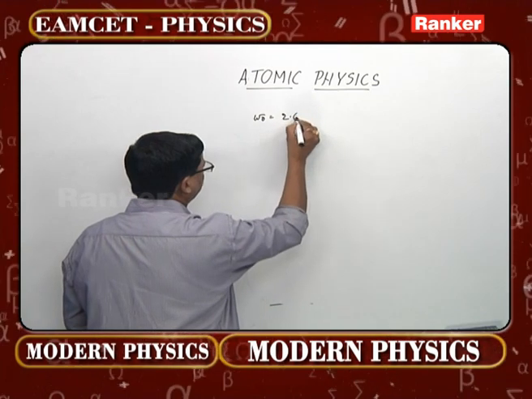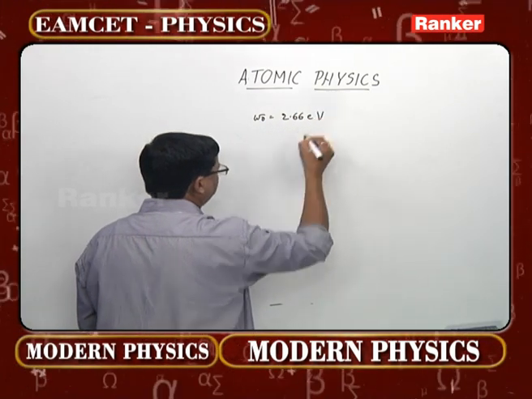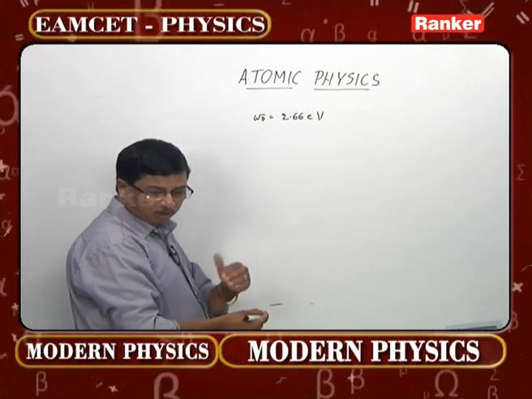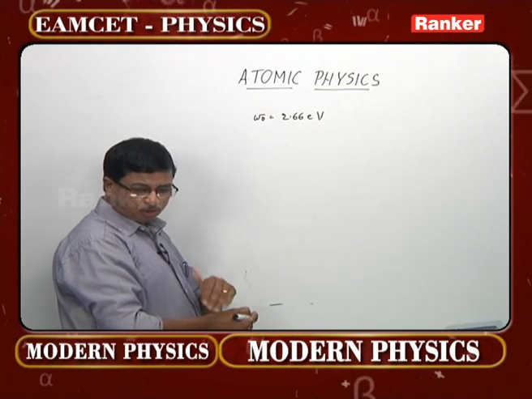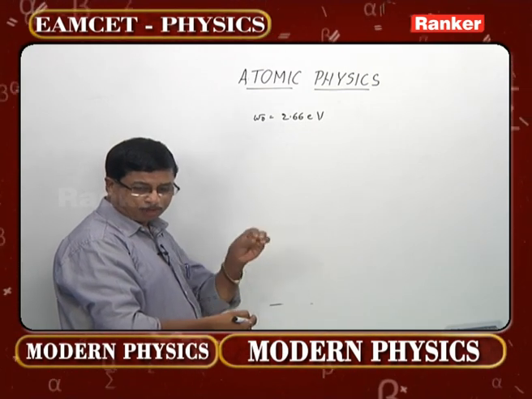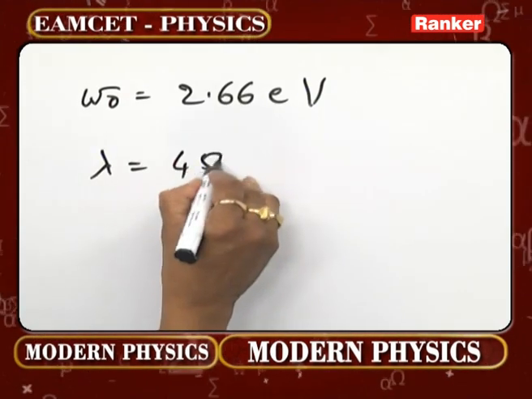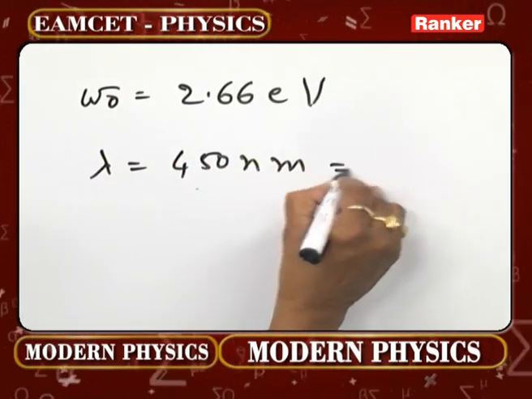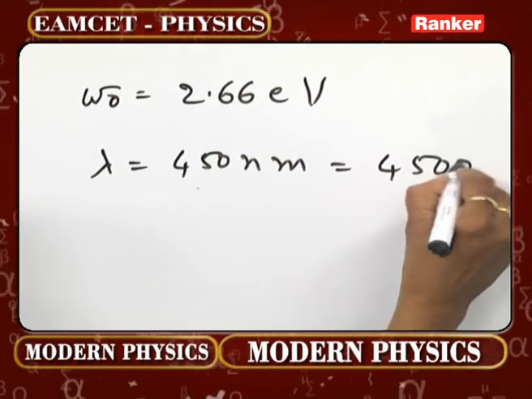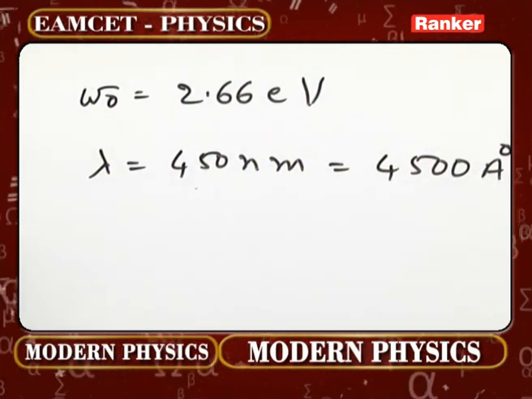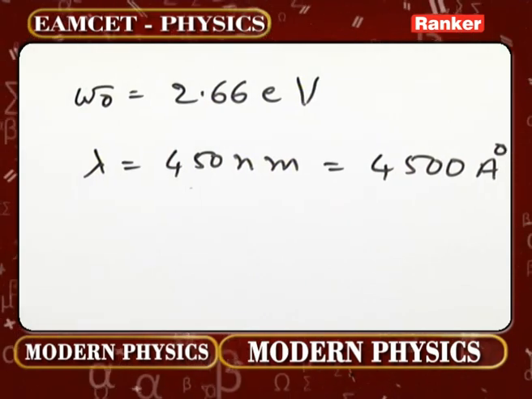2.66 electron volt. That is the first value provided to us. What next he has given? It is illuminated with photons of wavelength 450 nanometer. Wavelength 450 nanometer means 4500 angstrom units. You can convert this one into angstrom unit over there.